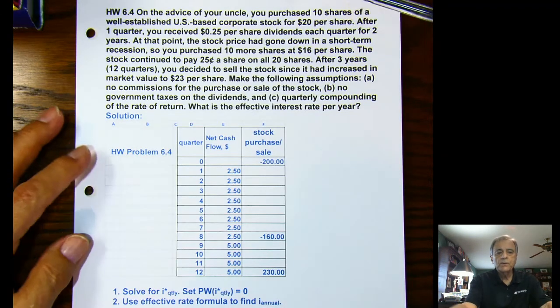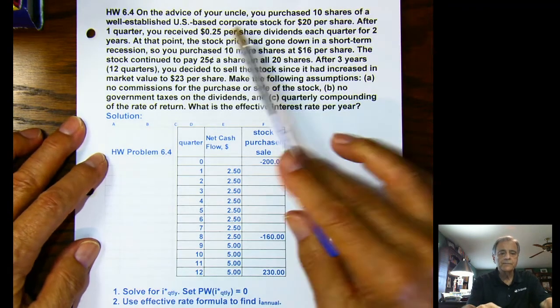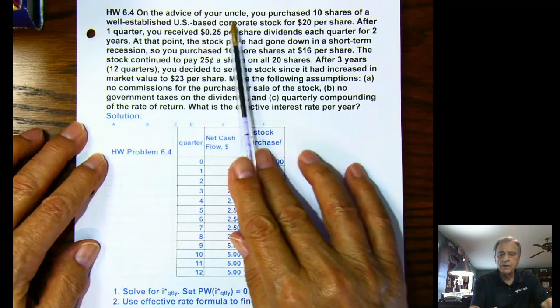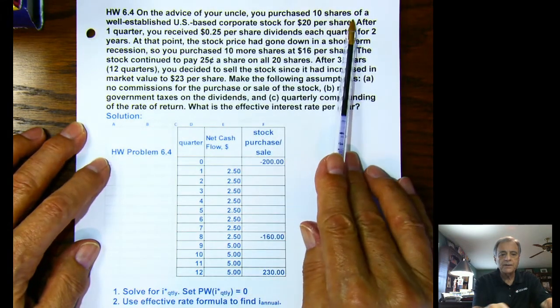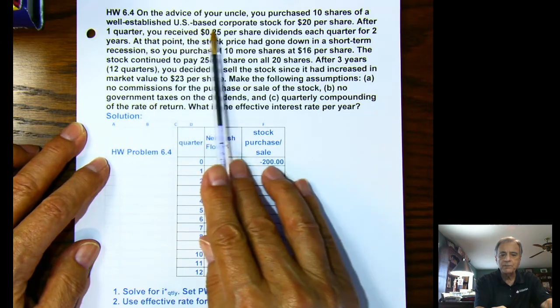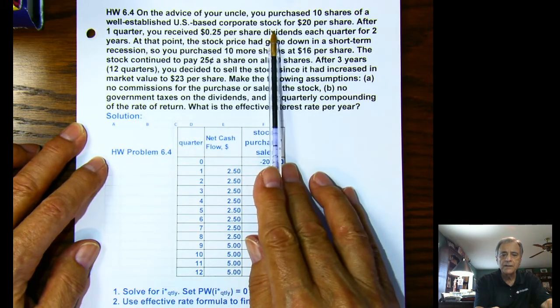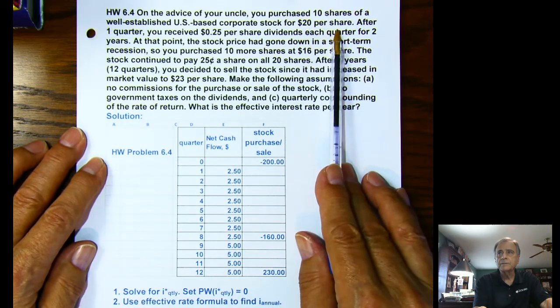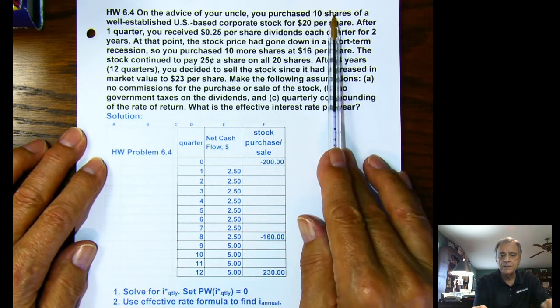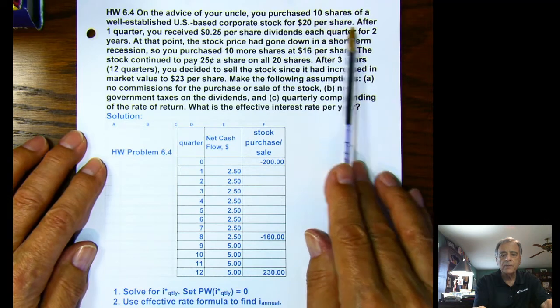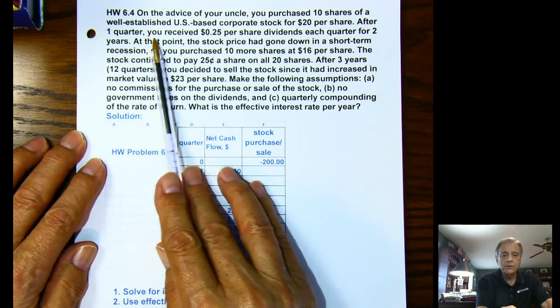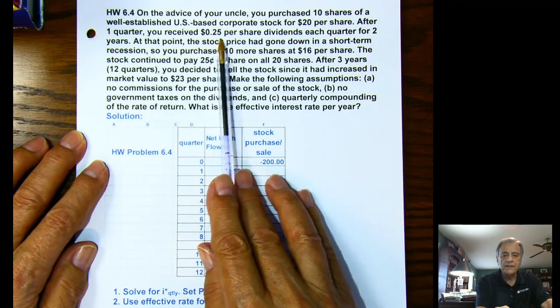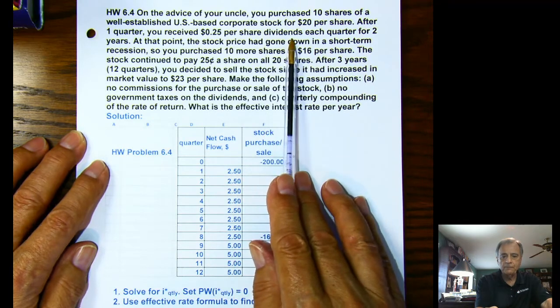Problem 6.4 says, on the advice of your uncle, you purchased 10 shares of a well-established U.S.-based corporate stock for $20 per share. So you bought 10 shares for $20 a share. After 1 quarter, you received a 25 cents per share dividend.